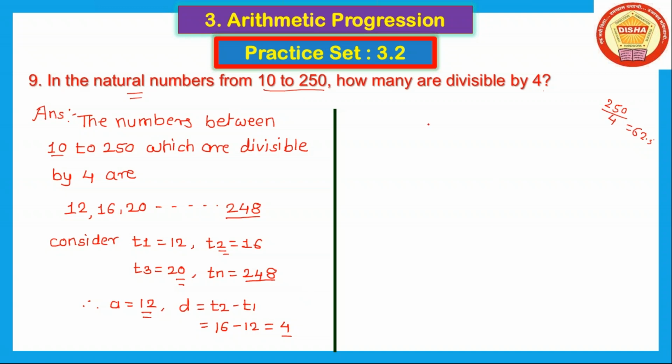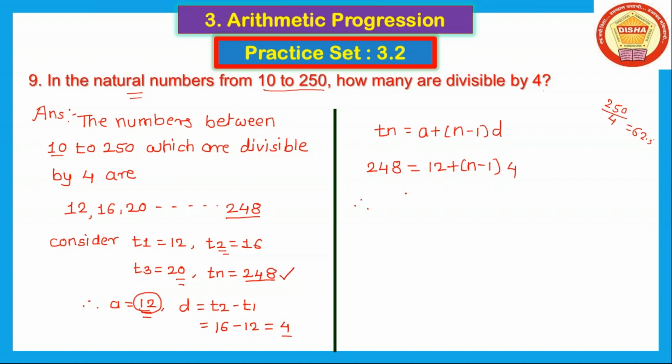What to find? How many numbers are divisible by 4? म्हणजे आपल्याला n find out करायचा आहे. So here we use the same formula, that is the Tn formula. Tn is equal to A plus n minus 1 into D. The last term Tn is given, which is equal to 248. We take here 248 is equal to A is 12, so 12 plus n minus 1, n is not known so we put it as it is, and the difference is 4.